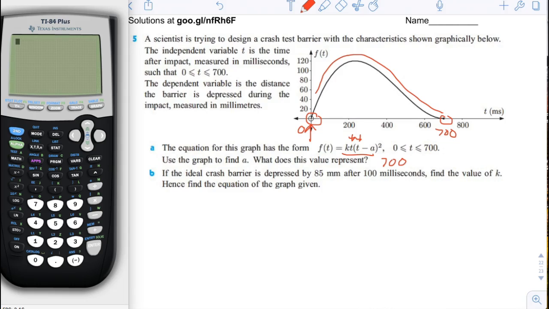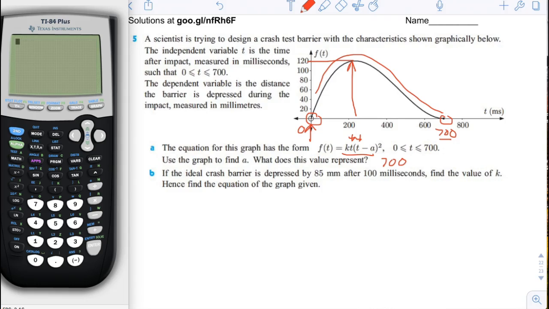Once the impact happens, then the barrier gets smashed. The most it gets smashed is about 120 units on the y-axis, and then maybe the car bounces off the barrier, and then after 700 milliseconds, it is not smashed at all.